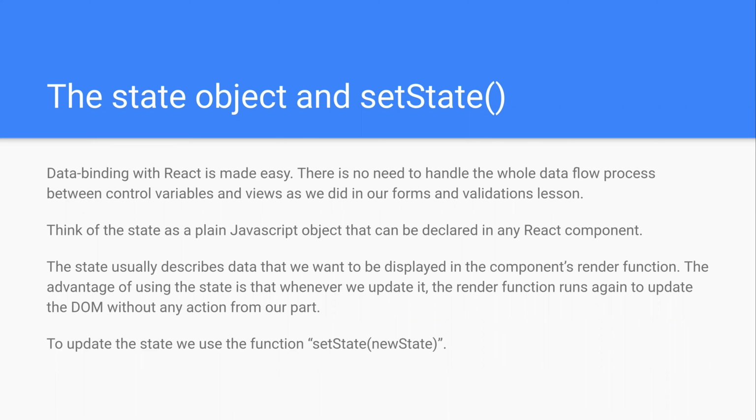And that acts like a view. Let's say we want to change anything in the state. We have a function called setState that we need to use to change anything in the state. Whenever we do, we just need to call this.setState, and anywhere we use the state will be changed automatically.